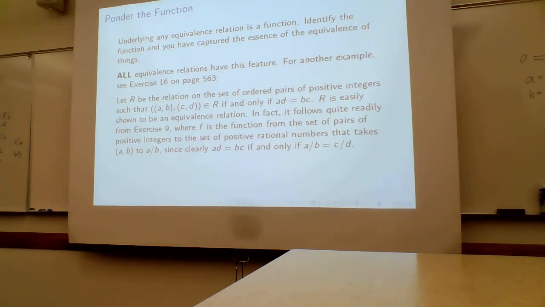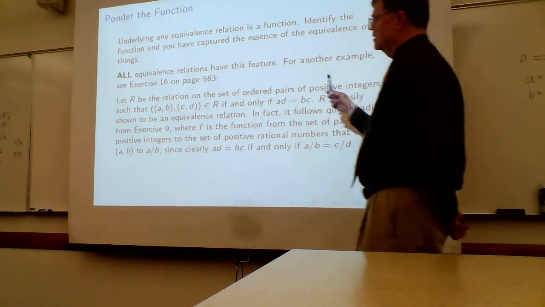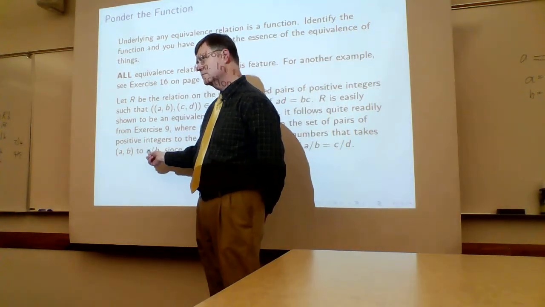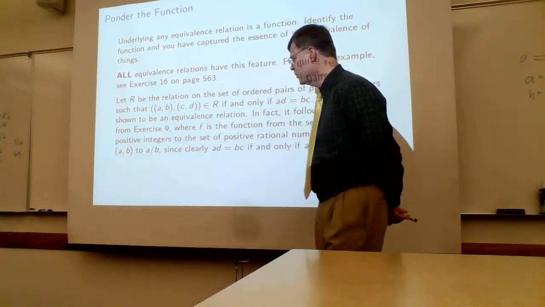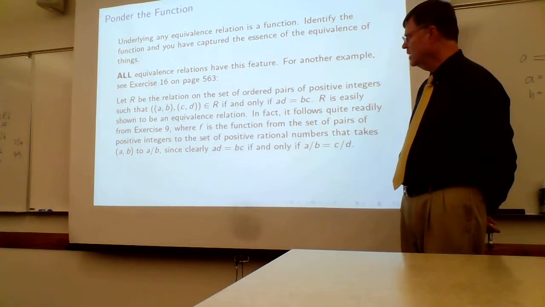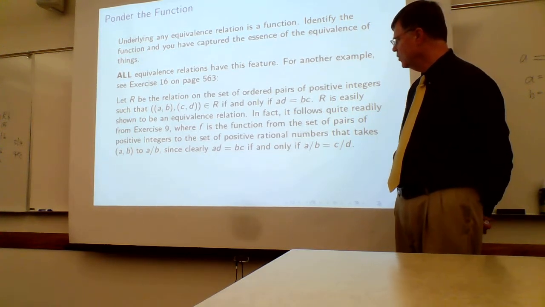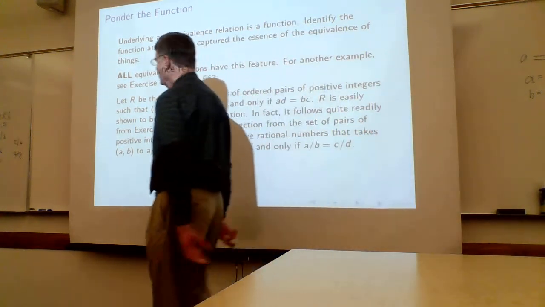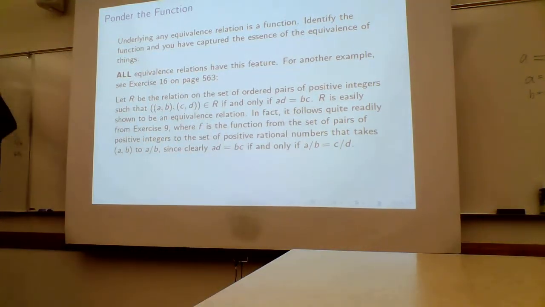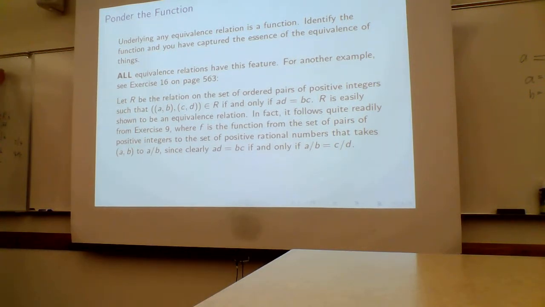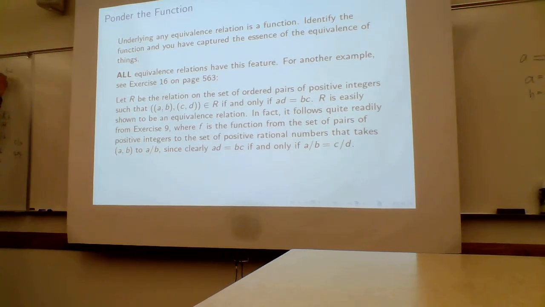Well, this is a function from the set of pairs of positive integers to the set of positive rational numbers that takes the pair AB to A divided by B, the rational number A over B, since clearly AD equals BC if and only if A over B equals C over D. Isn't that true? If and only if.